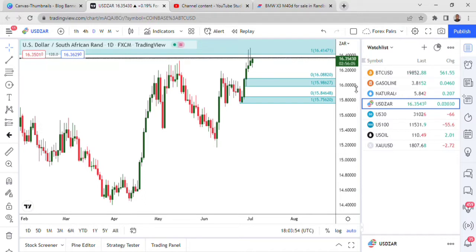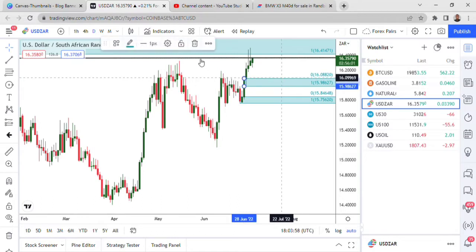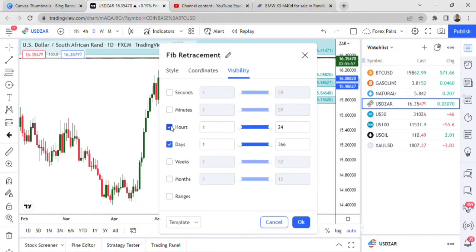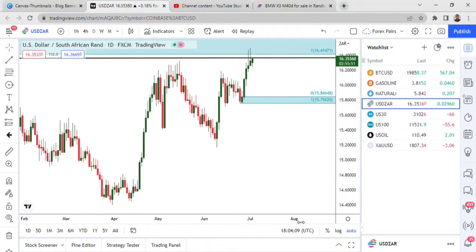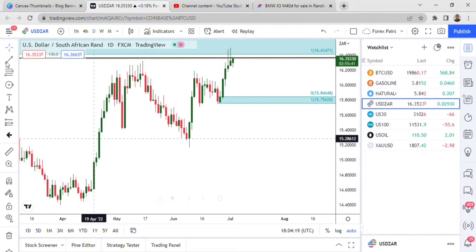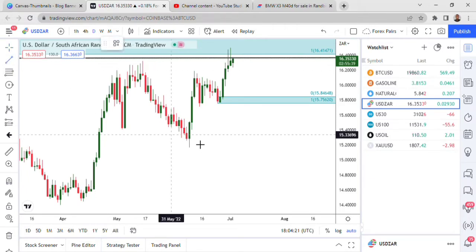Now let's come to daily, so that we can try and connect all these time frames together. Remember, I always advise you to use more than one time frame to make your decision. You can't just watch daily or H1 and make decisions and take trades based on that. That's not how you should do it. You need more than one, so that you can check the structure on both time frames.